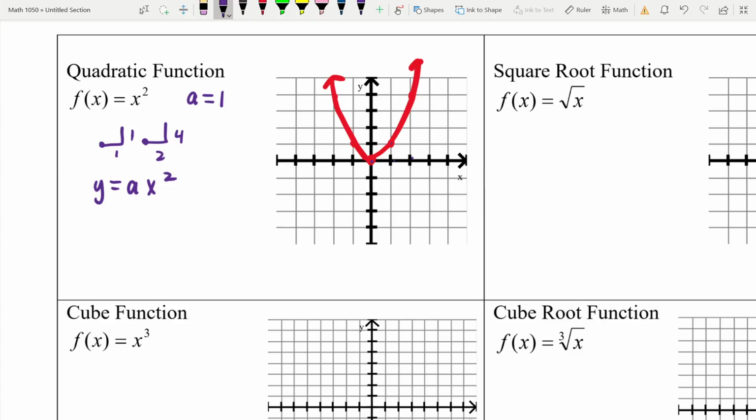A is some number in front of the x to the second. So if a is a 1, like on that example, f of x equals x squared, your a is a 1, then that's your stretch. But if a is not equal to 1, then here's what you do. You do the same stretch, you guys. You do 1, 1, 2, 4. This is called a vertical stretch.